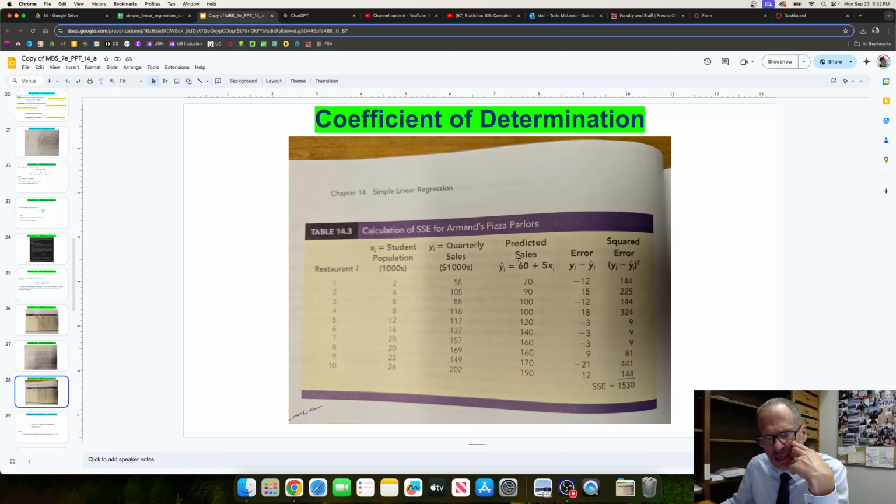So if we put x in here, we get 60. And so maybe 60 plus what is that? 5 times 2 is 10, is 70. So these are 70,000. That'd be 70,000. So I was reading that 60 wrong in a previous video. And then our error is going to be yi minus y hat.